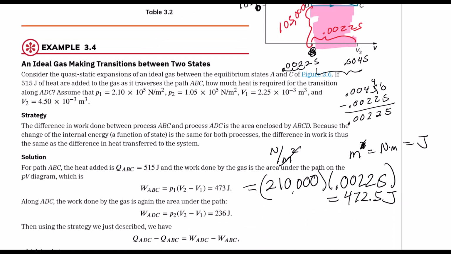So for ADC, I know the answer's right here, but I like to write it. 105,000 times 0.00225 gives 236.25.